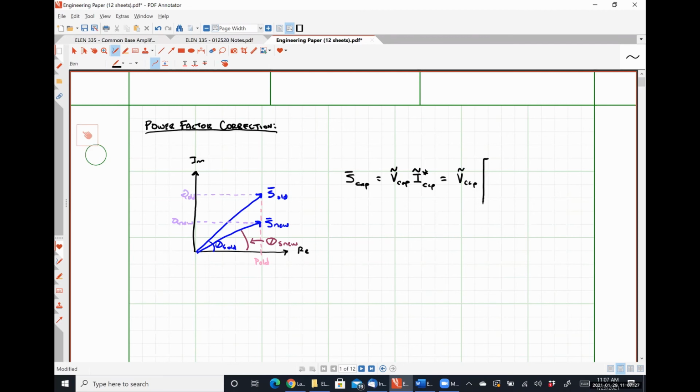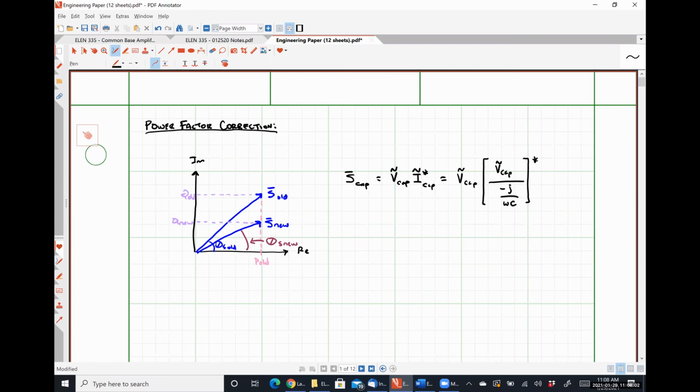V cap times V over Z here, so that would be divided by 1 over j omega C, or actually a better way to put this might be negative j over omega C. I conjugate this whole fraction.